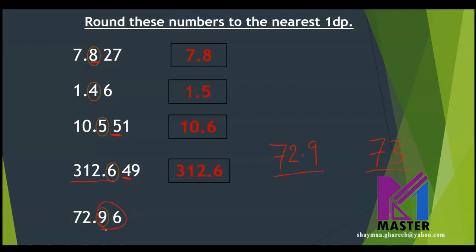So of course 96 is closer to the 73 than the 72.9. And what did we say about the answer? Am I going to write my answer as 73? No, we said we have to write our answer as a one decimal place number, so it will be 73.0. If you wrote 73, it will be considered a wrong answer. Okay, is this clear?